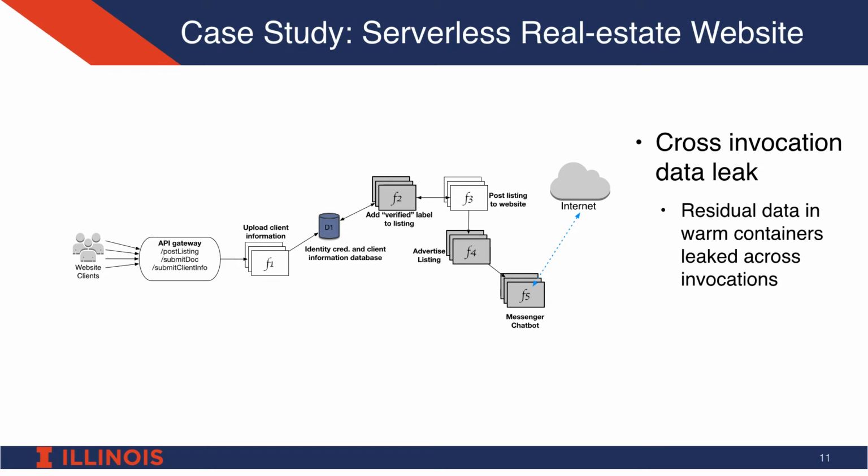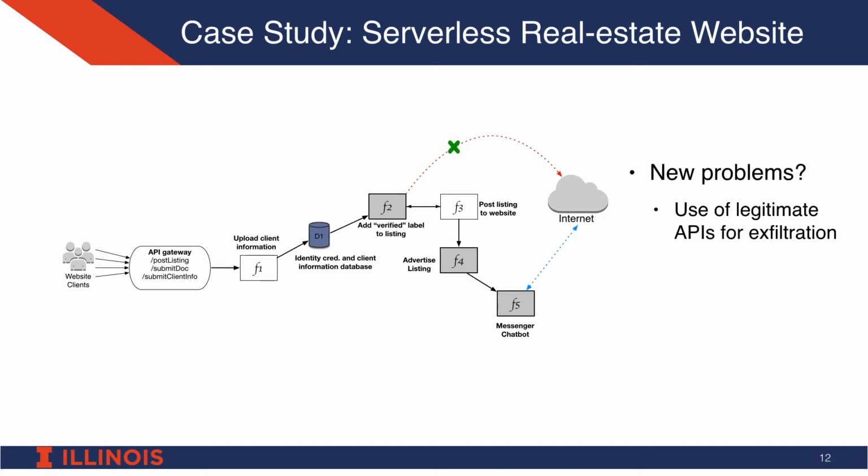Instead, what they do is write their malware toolkits into the temp directory of the functions that they have access to and then abuse the warm container policy to make sure that these toolkits remain in memory as they plan their attack. Next, as the attacker observes transactions from database D1 to function F2, they can steal this data and now they need a way to exfiltrate.